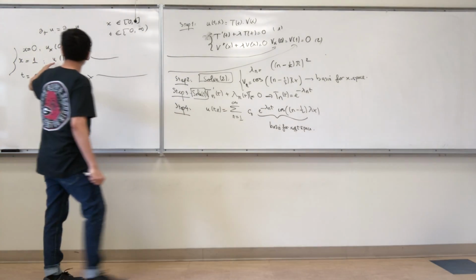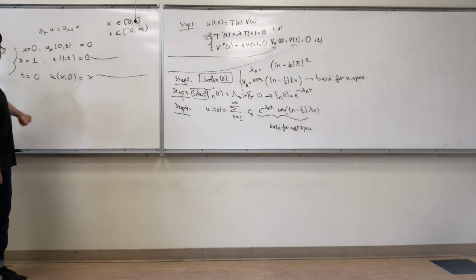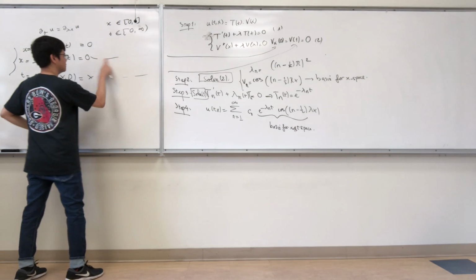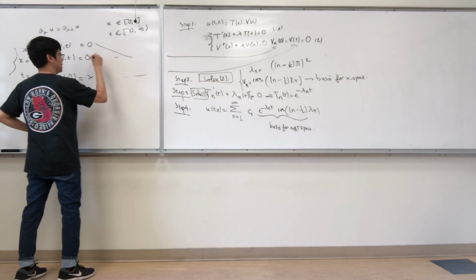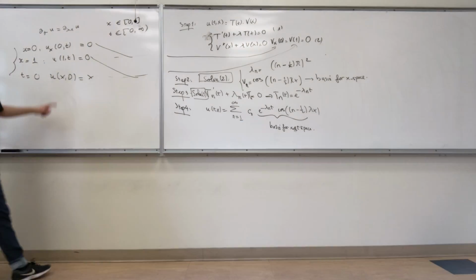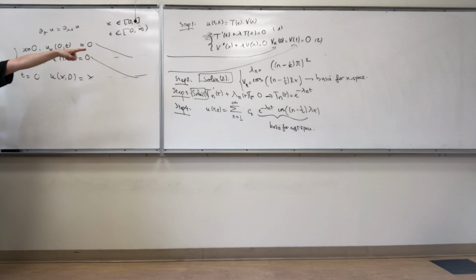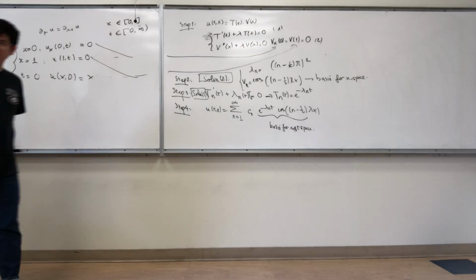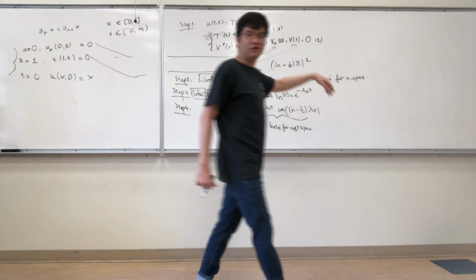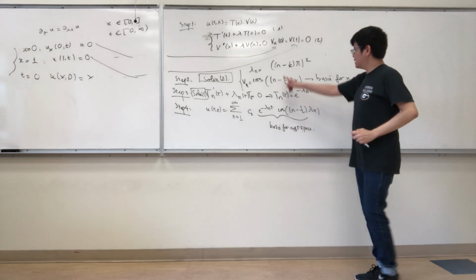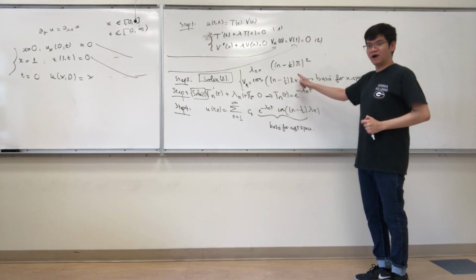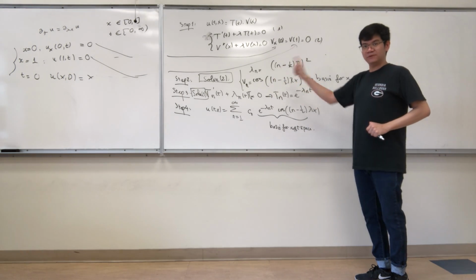So u(0) will be V(0), and u(1) will be V(1), right? After you solve the eigenvalue problems, you will find lambda n to be of this form, and Vn will be of this form.